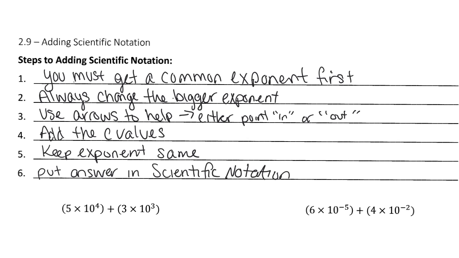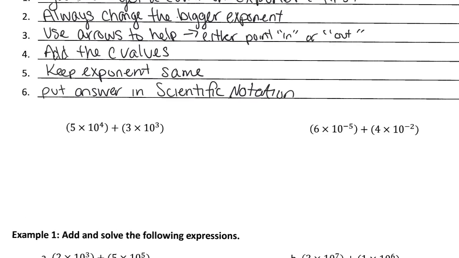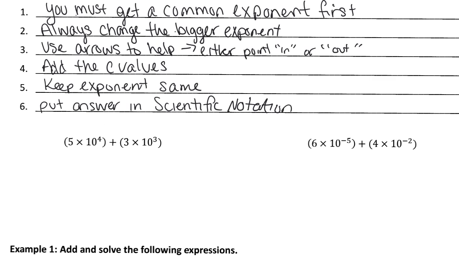Okay, so I know that was a lot to process. So let's look at our first example. Again, the first thing is we have to get a common exponent. So we look at these exponents, 4 and 3, and figure out we always change the bigger exponent. In this case, we're going to change the 4. What's the difference between 4 and 3?